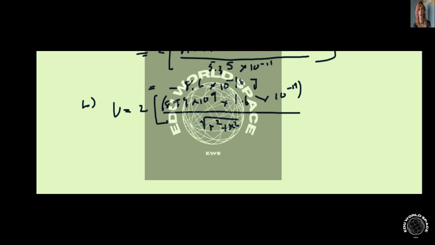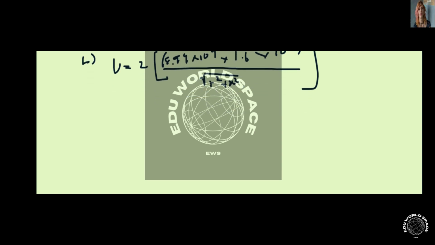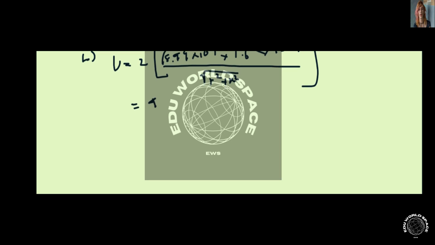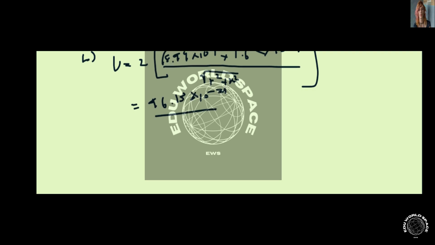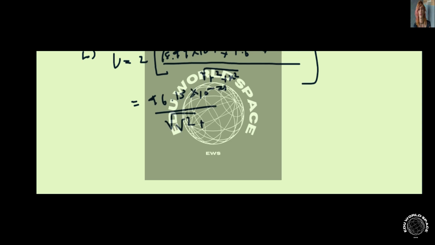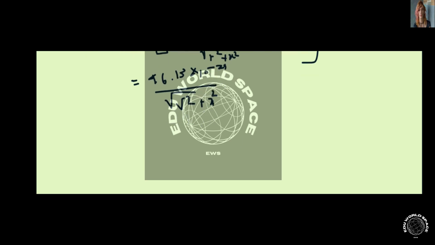And now this whole thing is multiplied by 2. If we simplify the top, we're going to get 46.13 times 10 to the negative 29 over the square root of r squared plus x squared. And remember, this is in joules since this is potential.